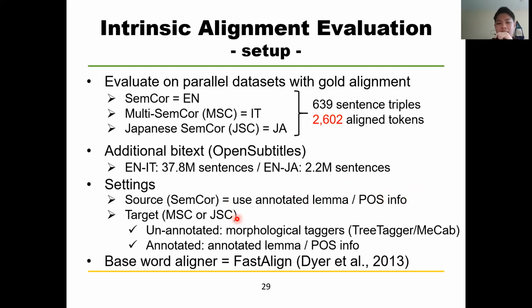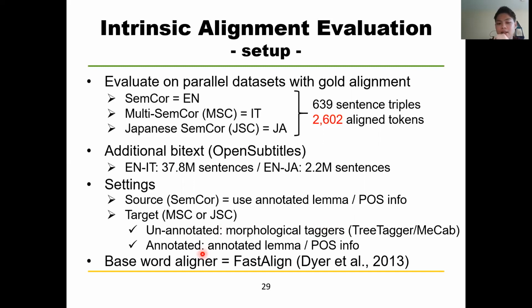For the target side, MSC or JSC, we have two different settings. For the unannotated setting, we use morphological taggers instead of the existing information because in the actual WSD setting, we only have the annotated dataset for the source language we want to test on, and we have to automatically translate the text where we don't have such information.